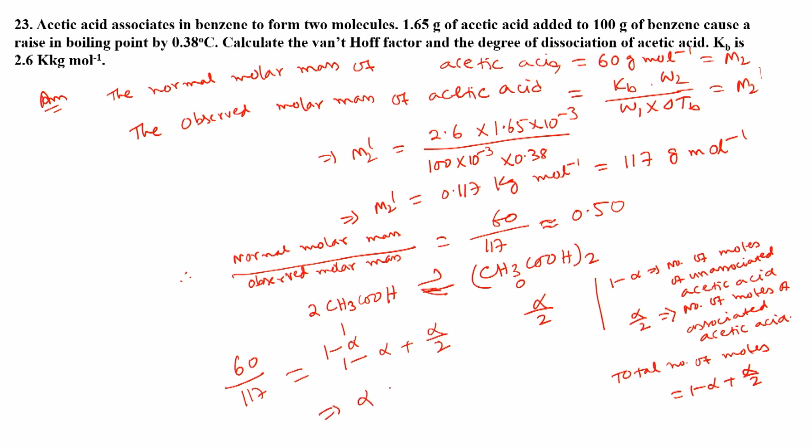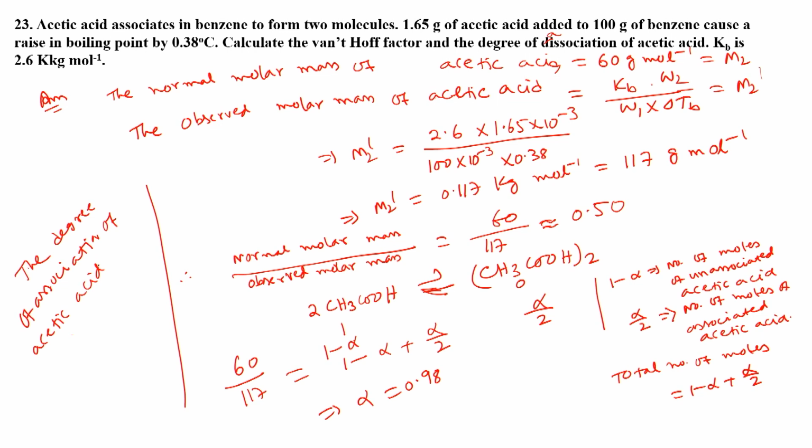So if we solve this one, alpha is 0.98. So the degree of association, not dissociation, association of acetic acid. So the Van't Hoff factor i is 0.50. Okay. So the degree of association of acetic acid is 0.98.